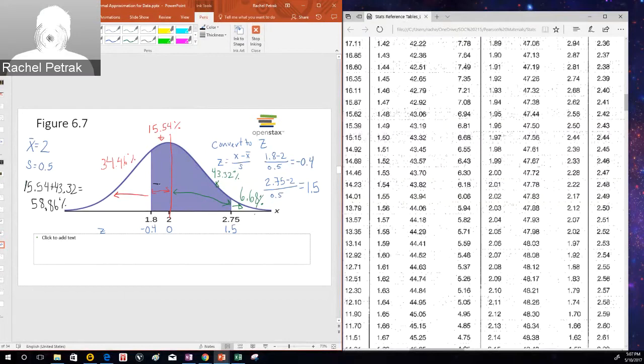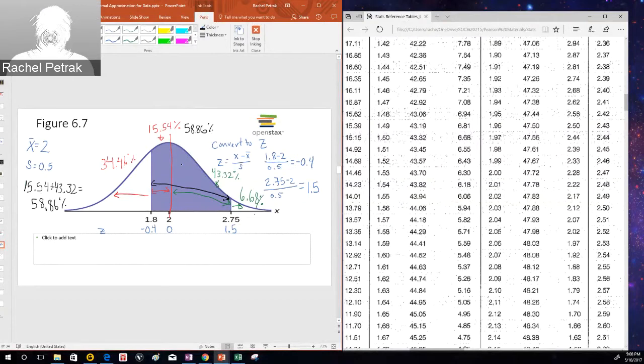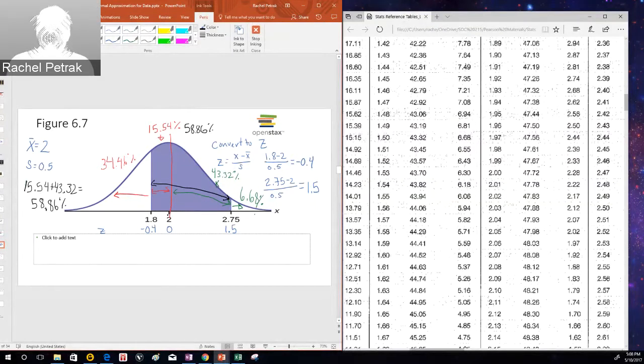And so that's our total proportion here, this total area. And I also know that the probability of a score falling between these two points, the probability that a randomly sampled person from the population uses their home computer for entertainment between 1.8 hours and 2.75 hours, well, that probability is going to be equivalent to this number.